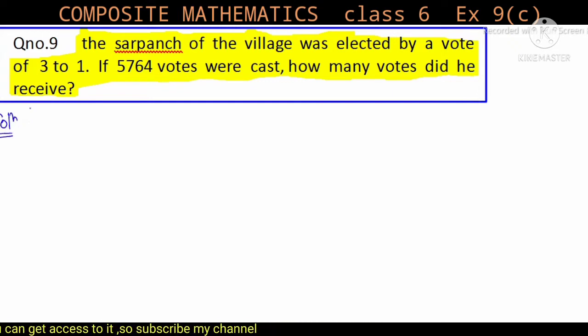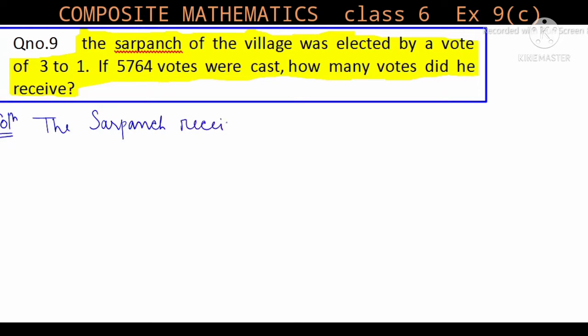So the Sarpanch received 3 votes out of every 4 votes polled. Okay, so its ratio will be 3:1. So we will write the Sarpanch received 3 votes out of every 4 votes polled.